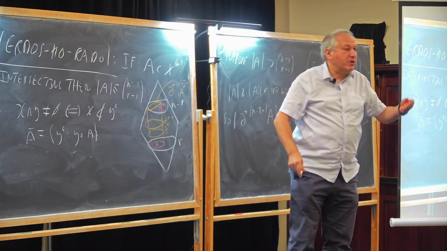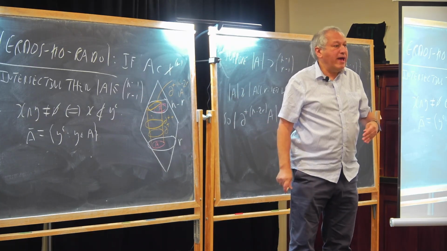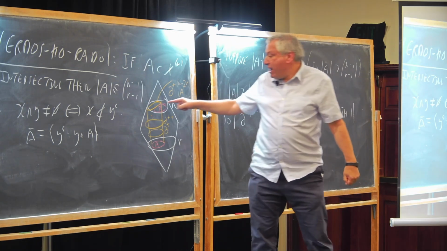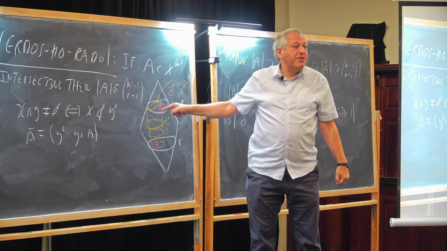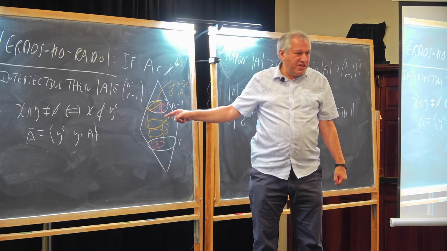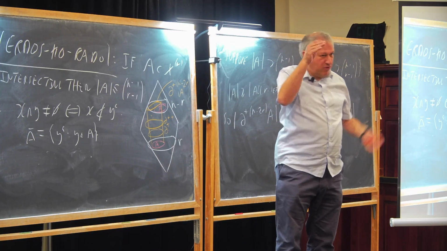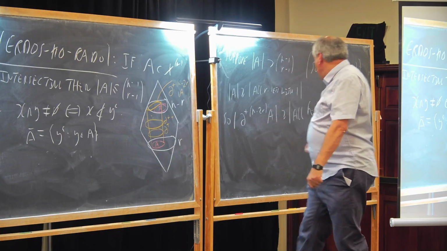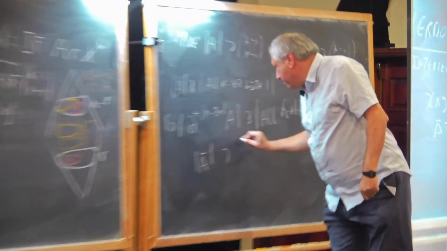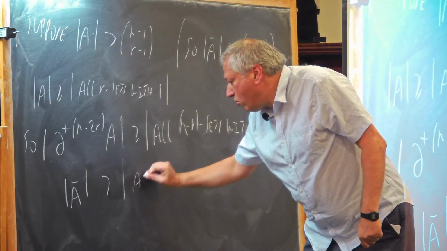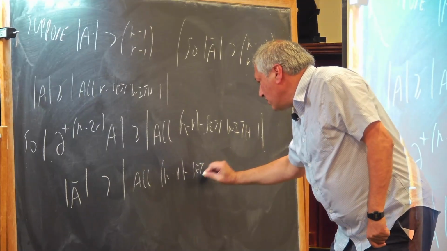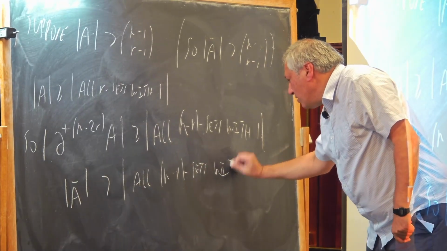Take their complements, and you get exactly all n minus r sets without a 1. So the size of the red thing, A bar, equals the number of n minus r sets without a 1, because it equals n minus 1 choose something, or the equal complements. And the size of A bar is strictly bigger than the size of all n minus r sets without a 1.